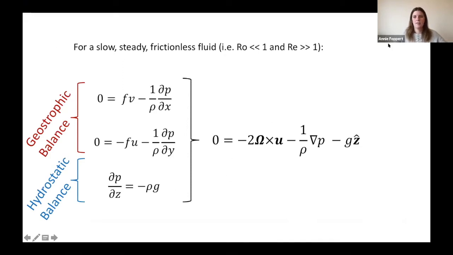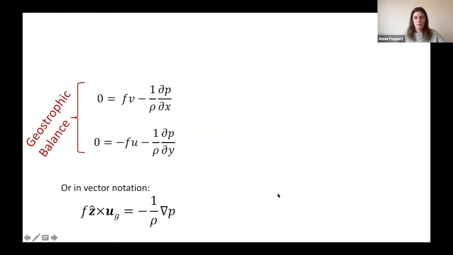Okay, so this is the same slide as before, just to remind you that these are the two main balances that we have for large scale geophysical fluid dynamics, or fluid dynamics on a rotating sphere. And you can write geostrophy in this notation if you want to do it in vector notation for those that prefer that.